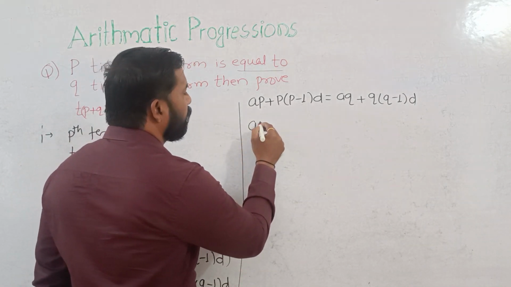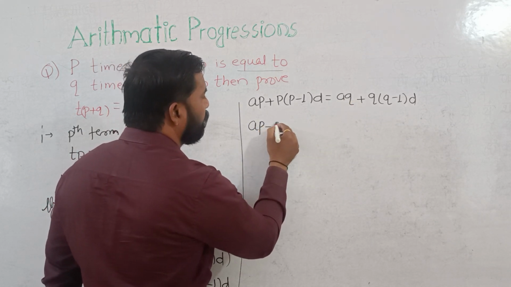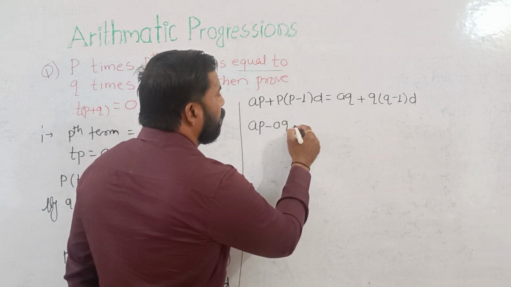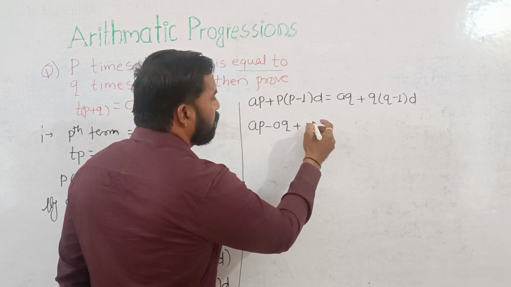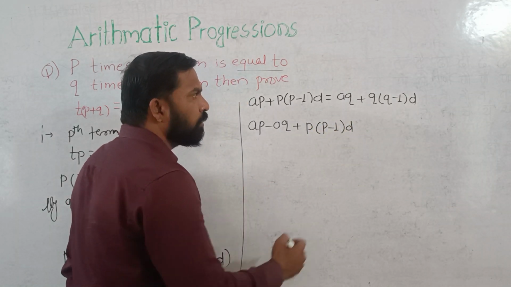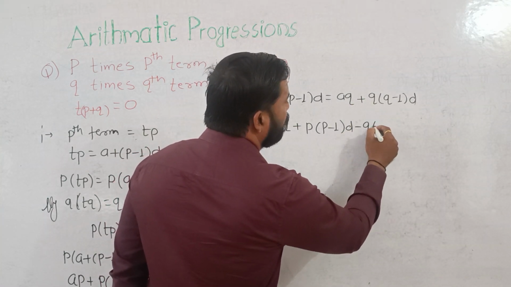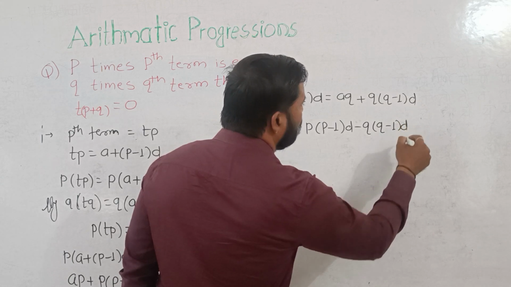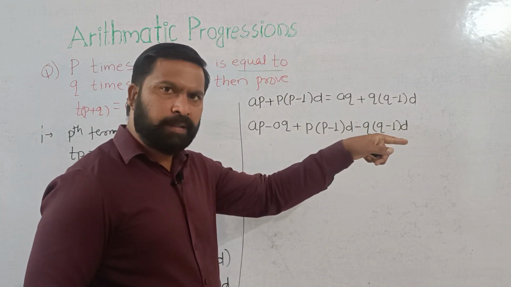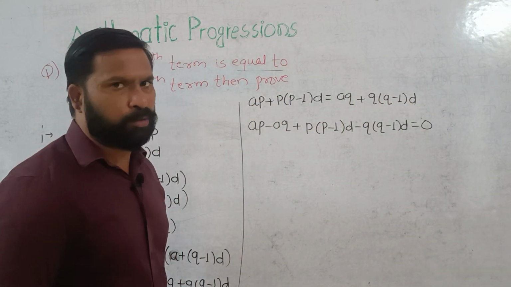So ap, this aq is positive, so it will be negative, minus aq, plus p times (p minus 1) into d as it is, and minus, the additive inverse of it, q into (q minus 1) into d. As I have brought both of them to the left, what will remain on the right? Nothing. 0 will remain on the right.